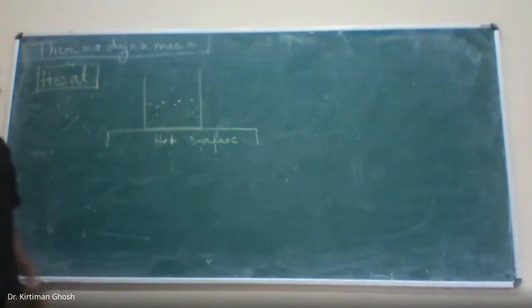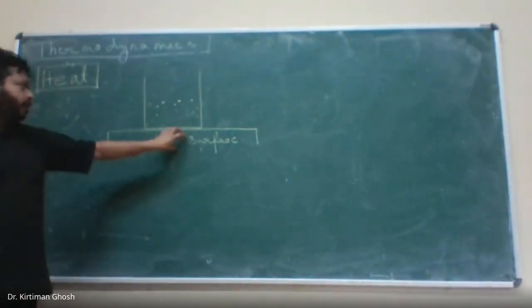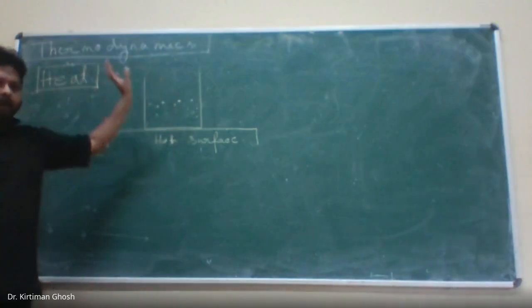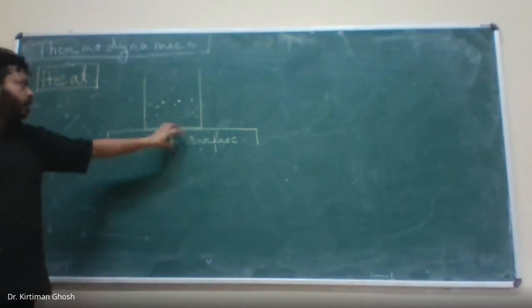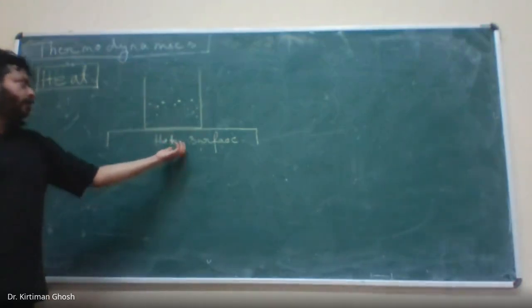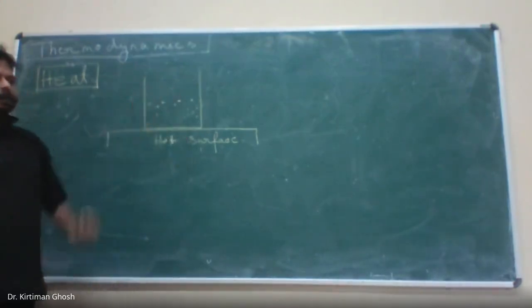So what people thought is that something is going from this hot surface to this water, some quantity which is abundant in the hot object and less in the cold object.